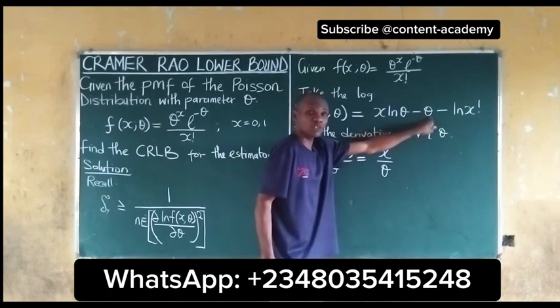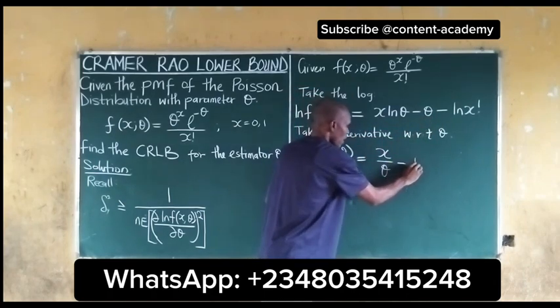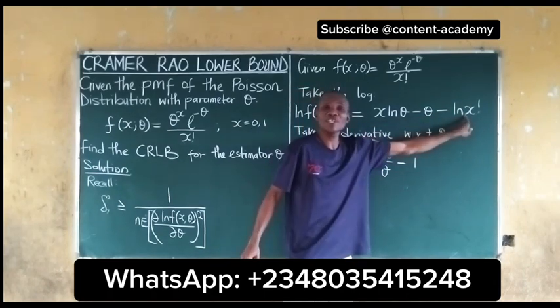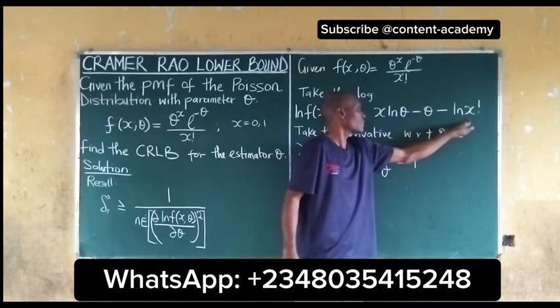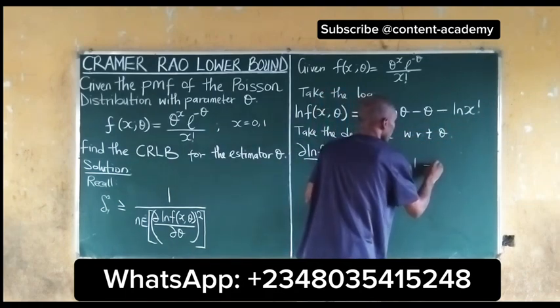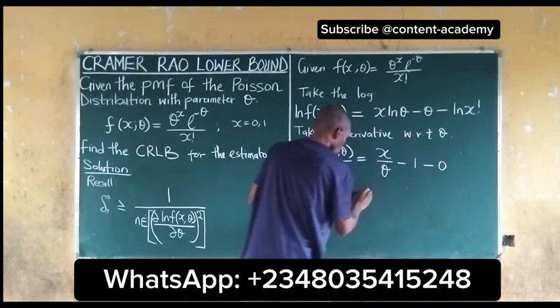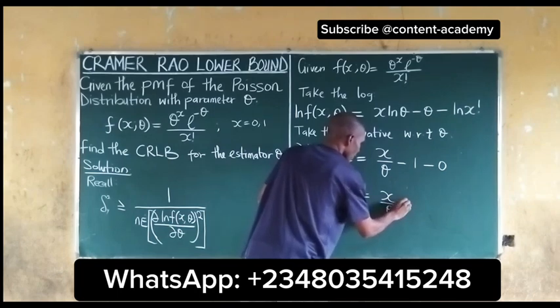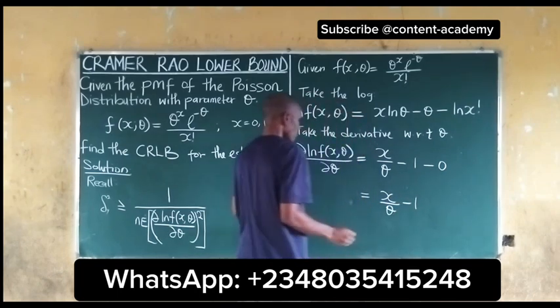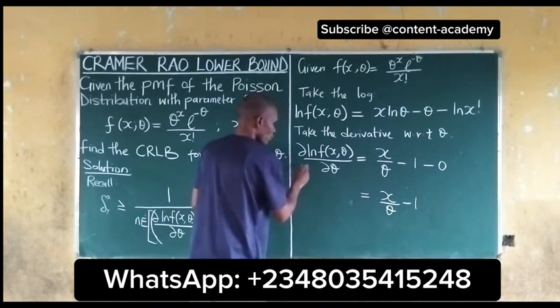If we differentiate this term, we get negative 1. If we differentiate this term with respect to theta, we get 0, because there is nothing like theta here. So we get negative 0, which gives x over theta minus 1. So this is what we have for this function.